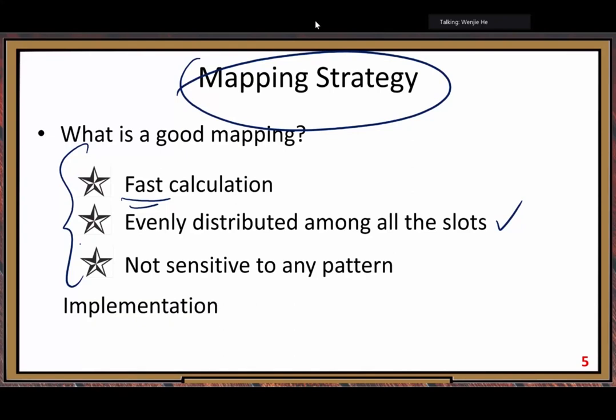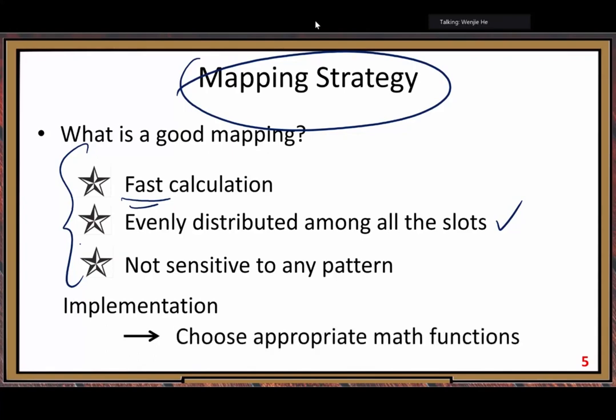Implementation. Now we need to really look at how to make it happen. Choose appropriate math functions. Mapping by math functions. The question: what are good math functions to use for this purpose?